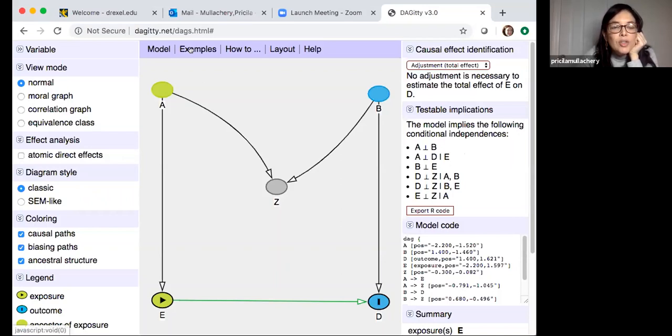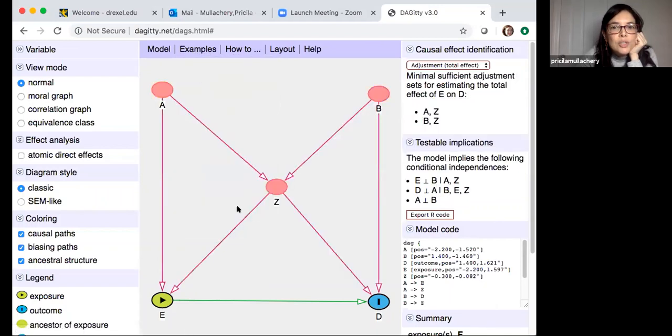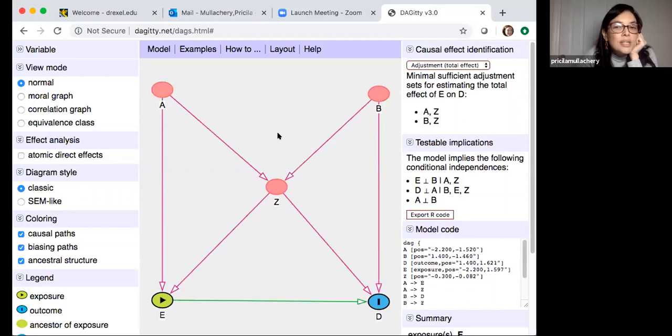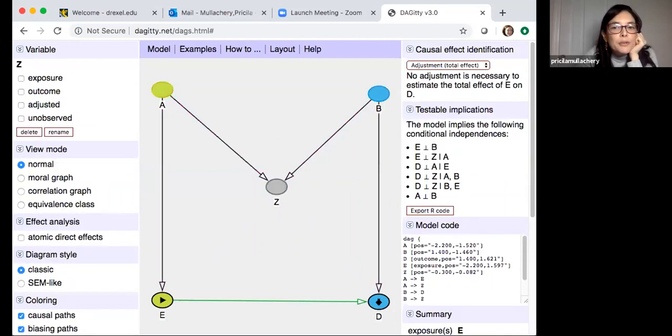So in order to talk about this, I'm going to go to this example here, which is similar to the example that we showed. I'm just going to remove two of these so that we have that perfect M again. And here I'm just going to change the name of the variables a little bit so we can have the same thing.